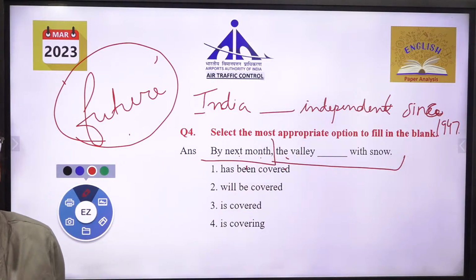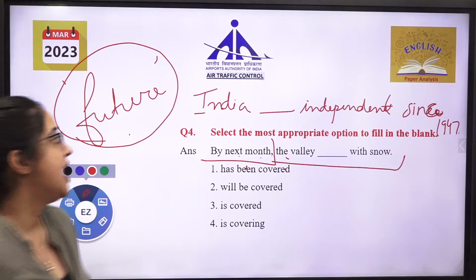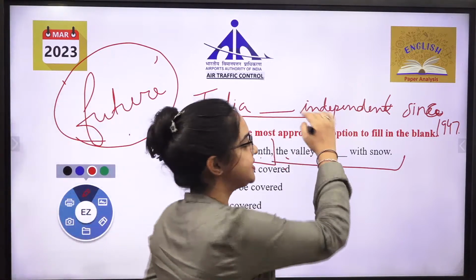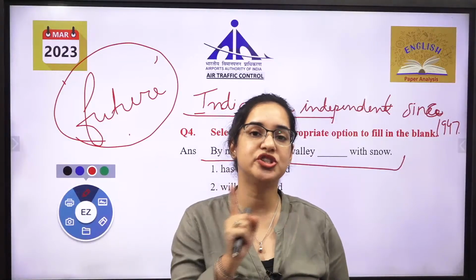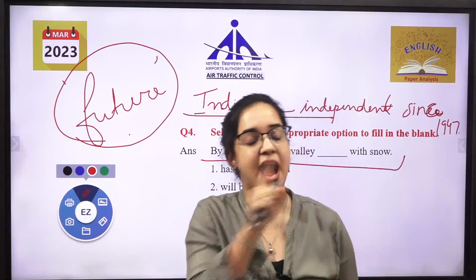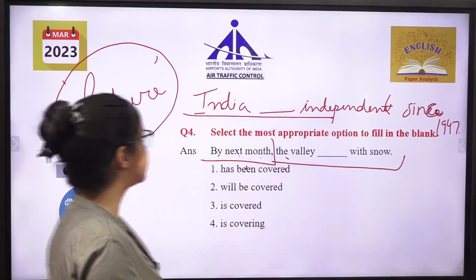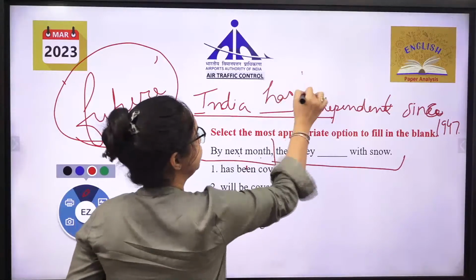Anyone who can tell it out? Great. Has been. Meaning something that has been going on and is still there, that thing which has been continued from the past and is still continuing, that is termed as has been.